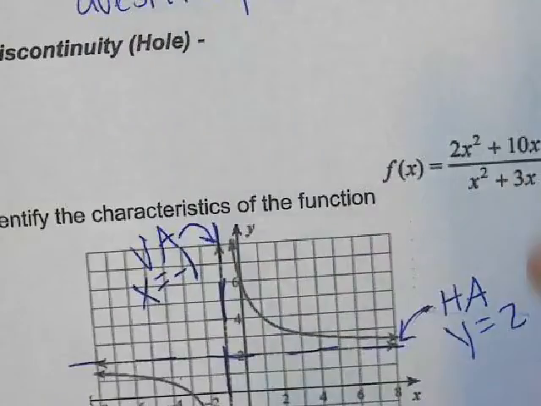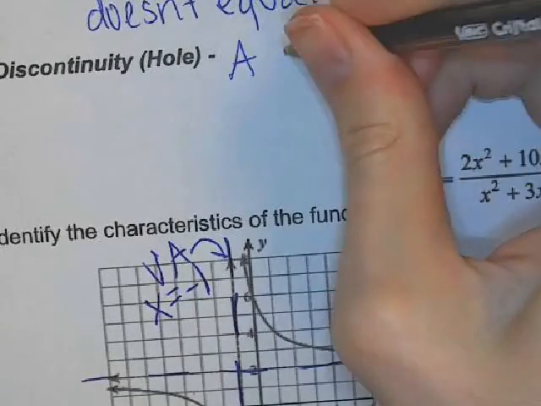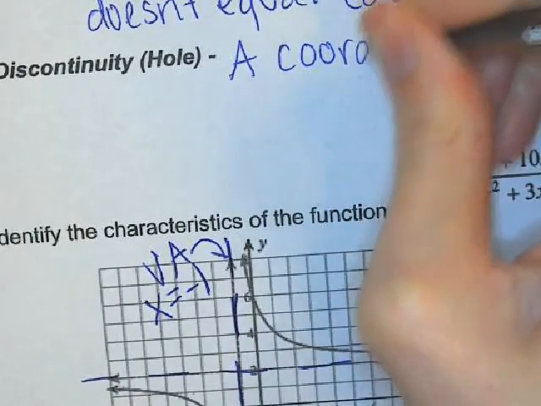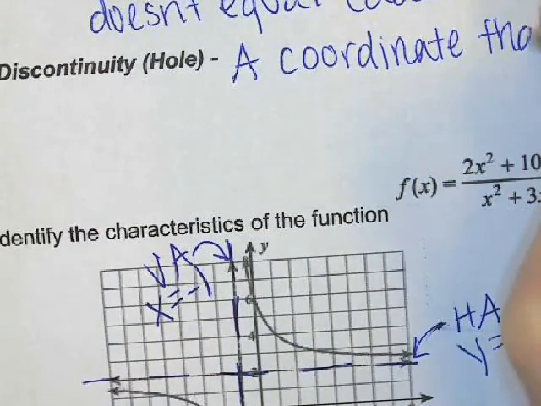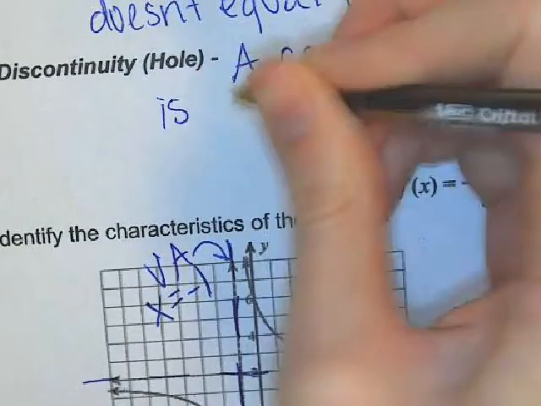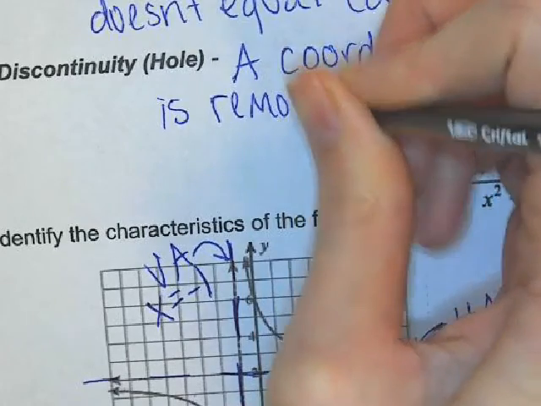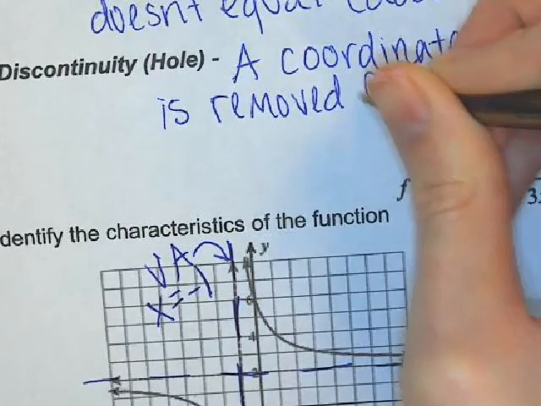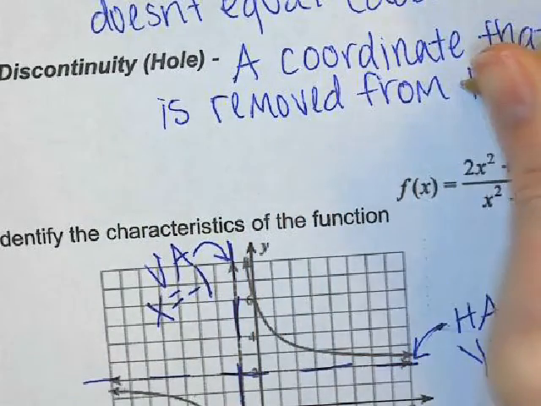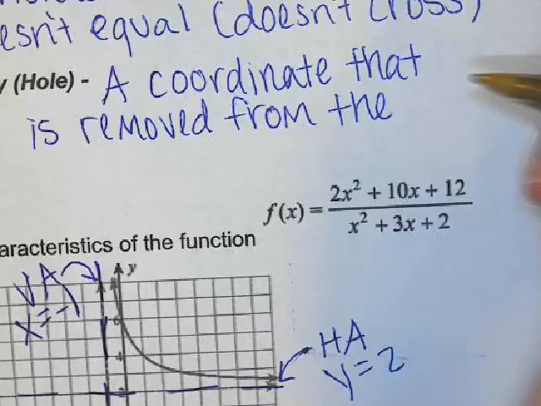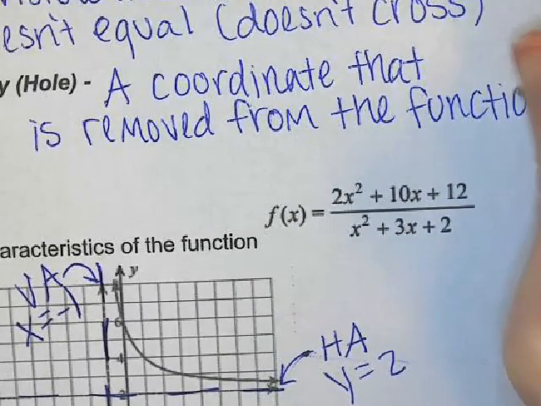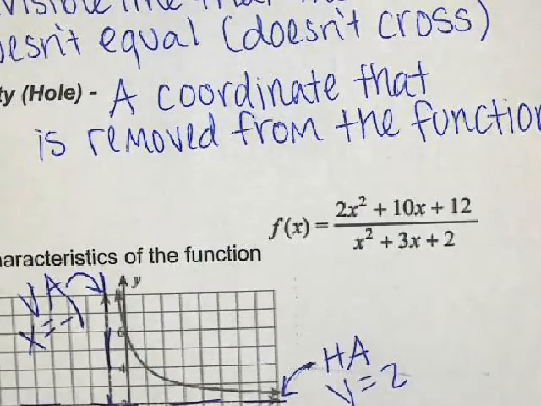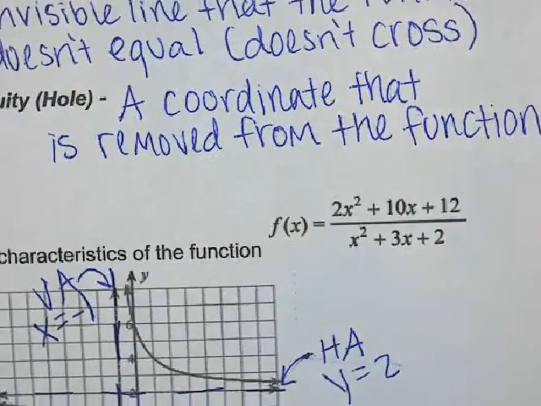Okay, so let's go fill that in. A coordinate, which is the same as a point, that is removed from the function. So then would I use an equation to represent this?